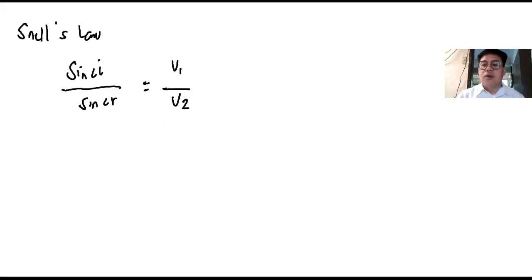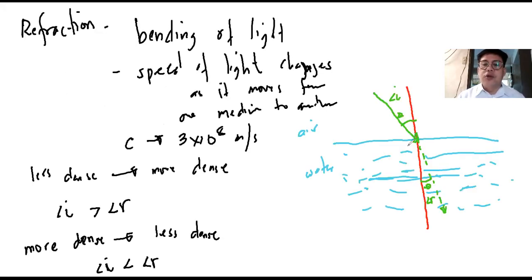As you can see, once it enters here, you will have a velocity 1. Usually your air is slightly different from the vacuum, but it is almost equal to the vacuum. Now, once it enters the water, it will have a new velocity because of the optical density.